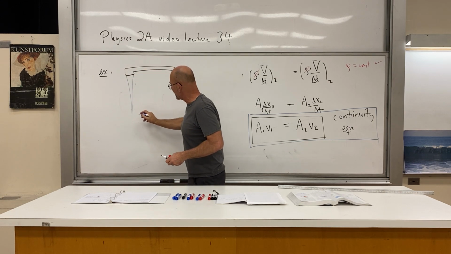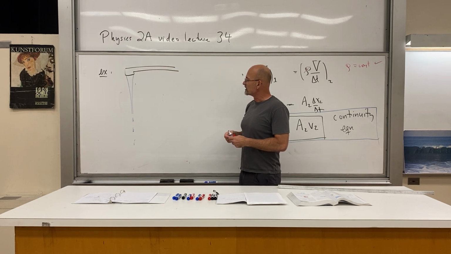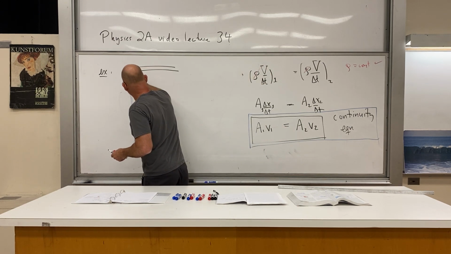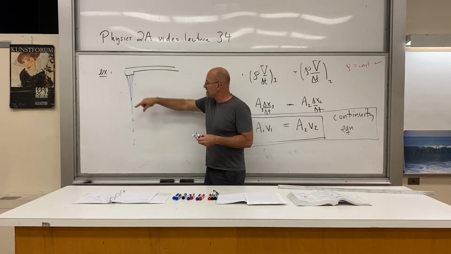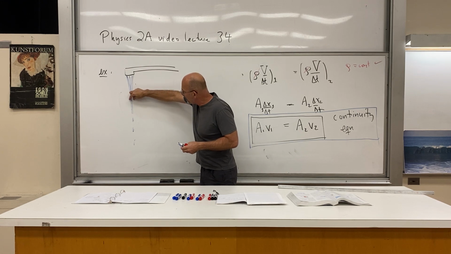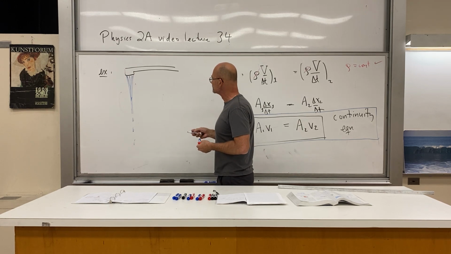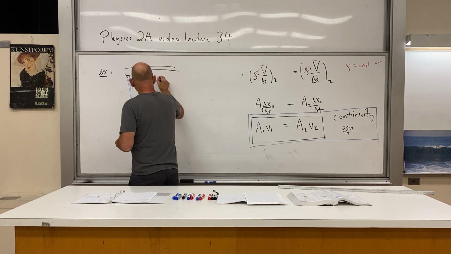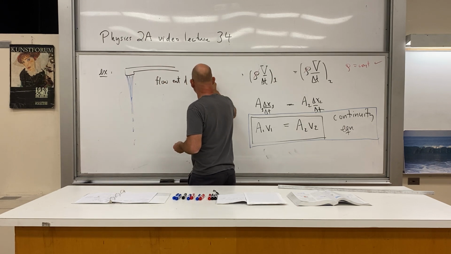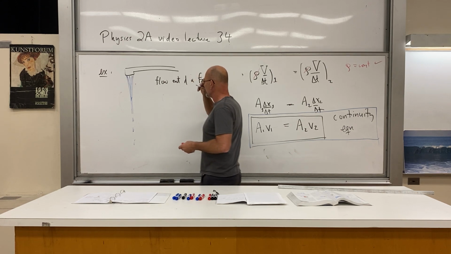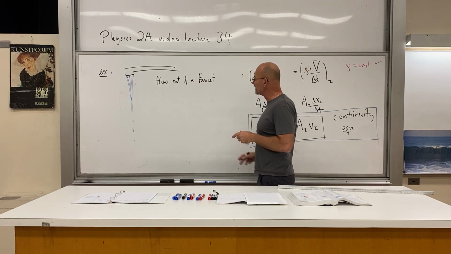And eventually when the stream gets too thin, it turns into drops coming out. So the tapering water stream is actually an example of the continuity equation, simply because of the law of free fall, the speed of the water is faster the further down you go, and therefore the cross-sectional area has to be smaller. So this example is the flow out of a faucet. You may be able to set one of these up and inspect it yourself, okay?